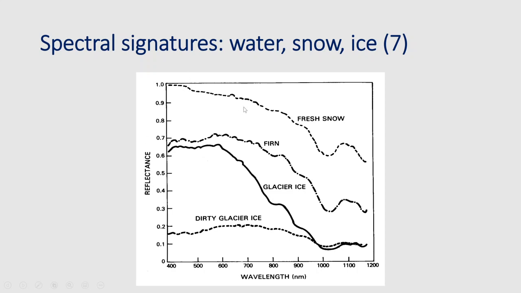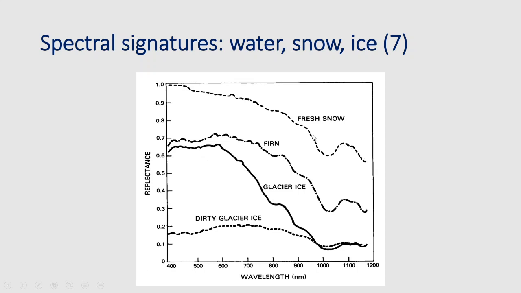You see that fresh snow is a very high reflector of energy. Of course, we are in the visible, for example, for us the snow is whitish, so that means it is reflecting the same quantity of energy in all the subbands of the visible in a very high quantity, so it's very close to 1. So this is the fresh snow that you see here in the near infrared.